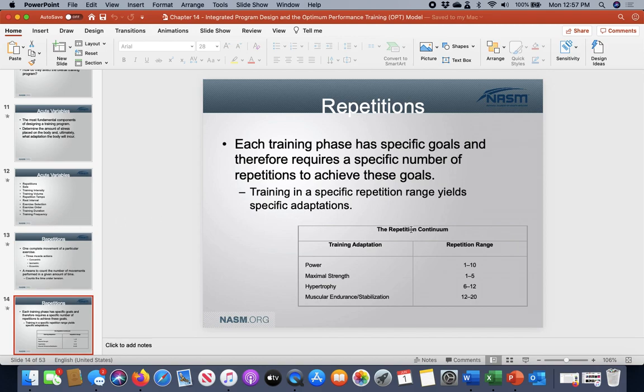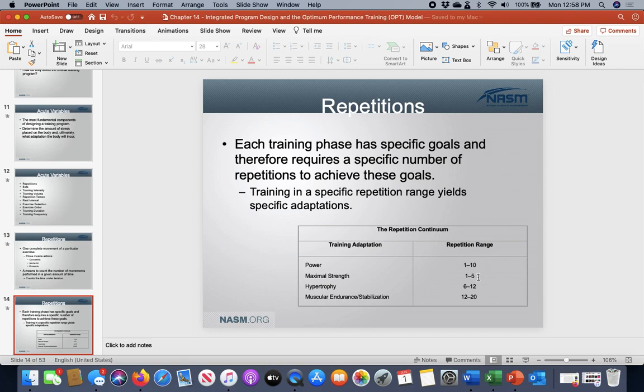You can see here that with power, you're talking about 1 to 10 reps, max strength 1 to 5, hypertrophy 6 to 12, and muscular endurance or stabilization is higher, in the 12 to 20 range. These are specific levels that you want to try to follow.